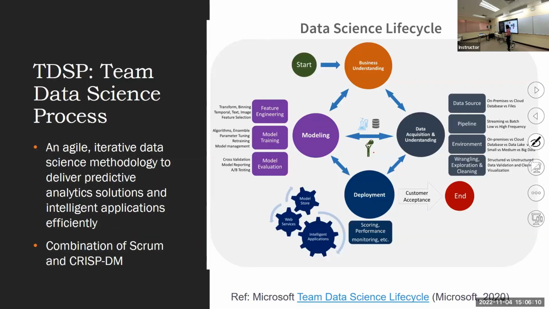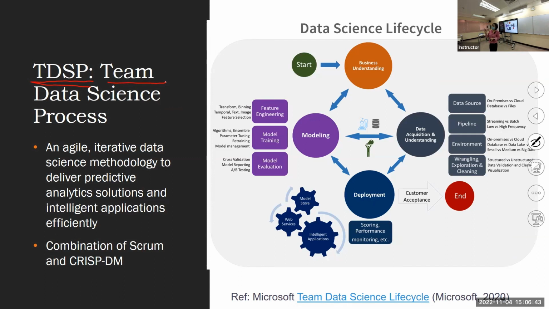Okay. And here comes the next process or model, which is called TDSP, an acronym for the Team Data Science Process. From the word team, okay, actually, data science process is kind of easy to understand, right? But with the word team, it means that nowadays, a data science project is not for one single person.